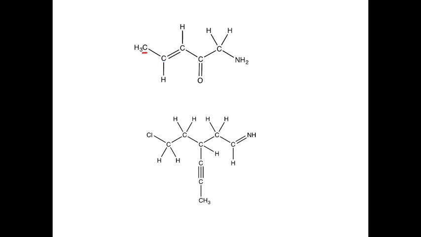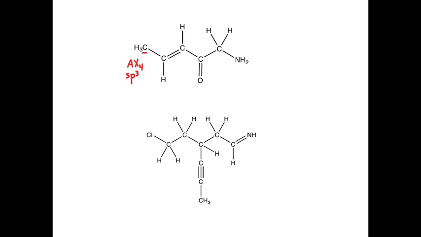So that carbon is making 4 bonds. If we think of our AXE system, this would be AX4. There are 4 atoms around it, 3 hydrogens and a carbon, a total of 4 things around it. Therefore, this carbon atom would be sp3 hybridized, and there are 4 sp3 hybridized orbitals around that carbon.